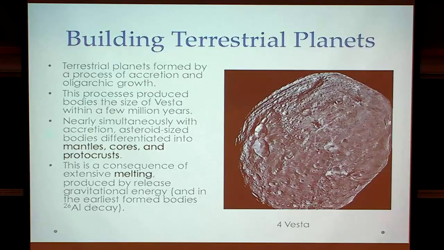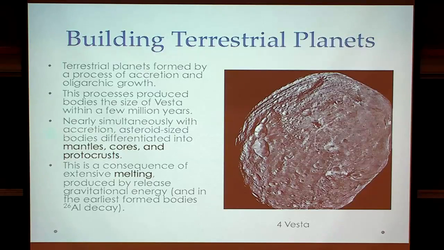From palladium-silver dating, we also know core formation happens very, very soon. The conventional thinking in the past was chondrites were the oldest things and all these differentiated bodies were younger. Some of this short-lived radionuclide dating has almost turned that on its head.